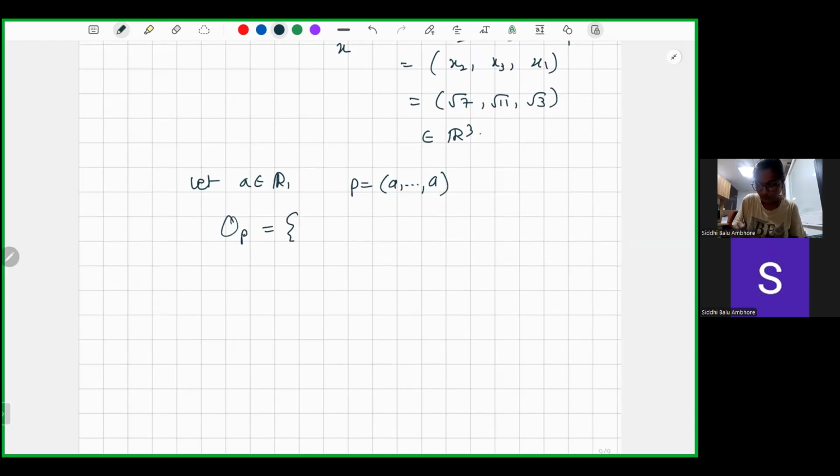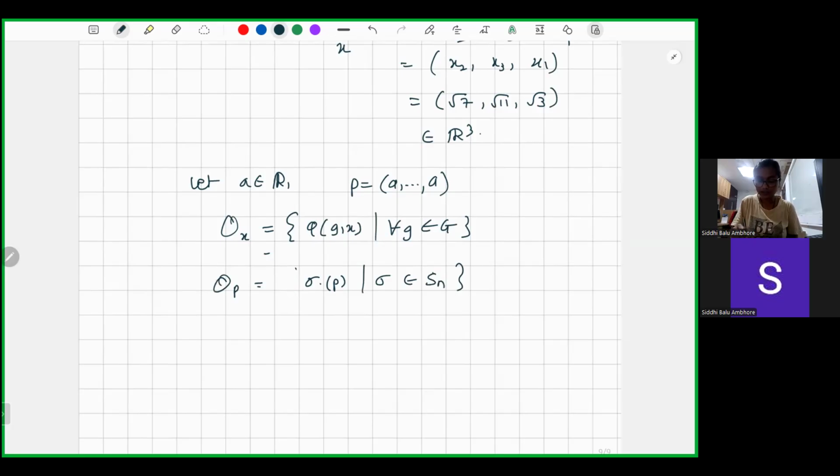It is the set of all phi of (g, x) for all g in G. So here the orbit of P is the set of sigma P for all sigma belonging to Sn.